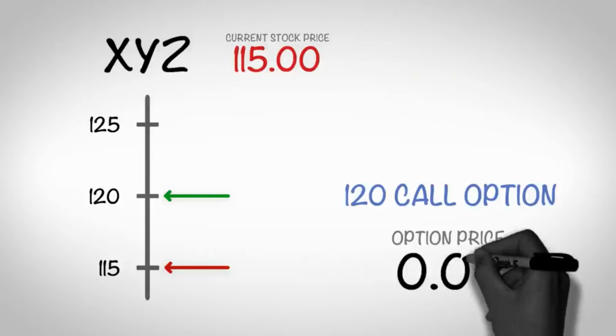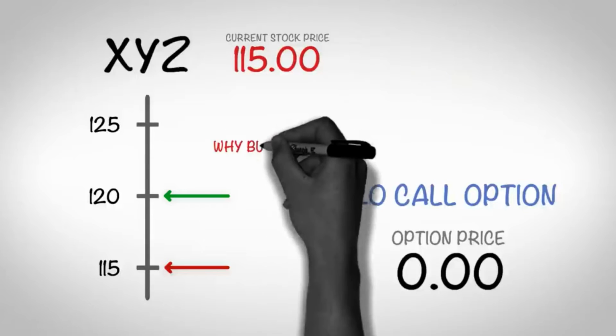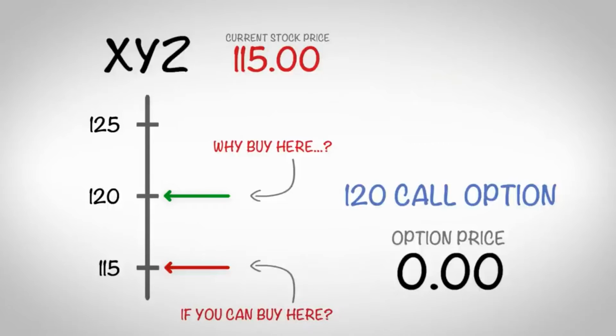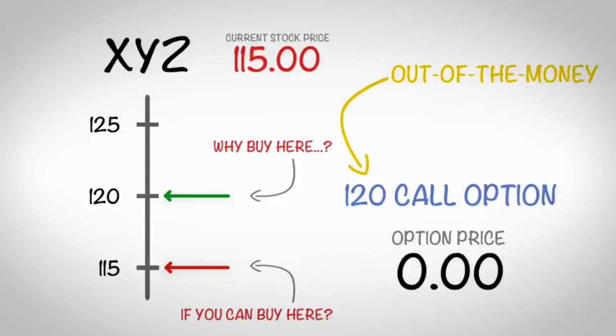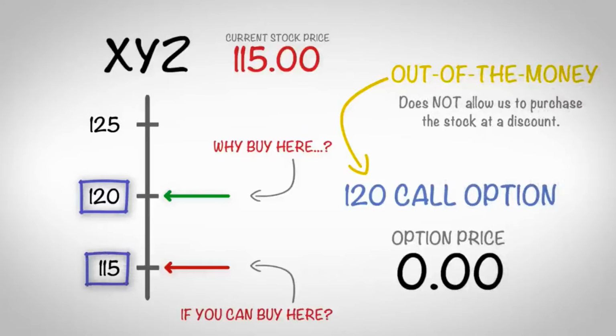Right, it's going to be worthless, because who in their right mind would want to exercise their right to buy stock at 120 when they can just simply purchase it at its current market price of 115? In this scenario, we would refer to this option as being out of the money, because the call option strike price is above the current stock price, and therefore does not allow us to purchase the stock at a discount. Again, this is referred to as out of the money.